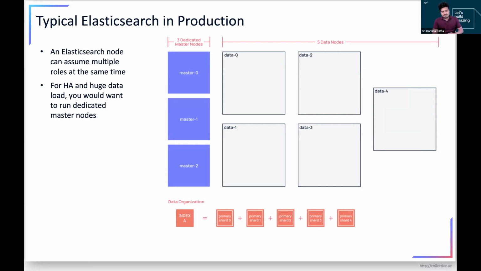Now Elasticsearch has to allocate, right? So the first primary shard goes to data node data 0, and its replica, of course, because it shouldn't keep it in the same node, goes into another data node. Similarly, the second primary shard goes there, and its replica goes to the other node.